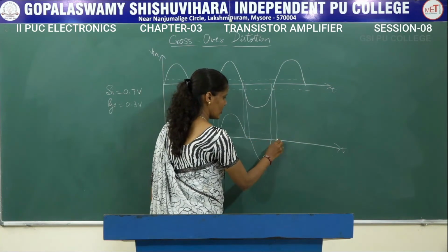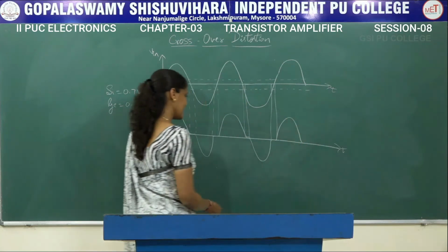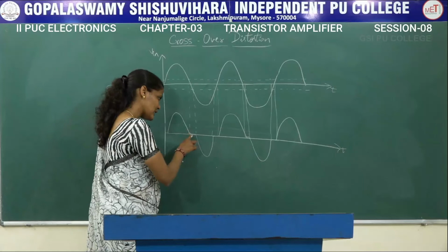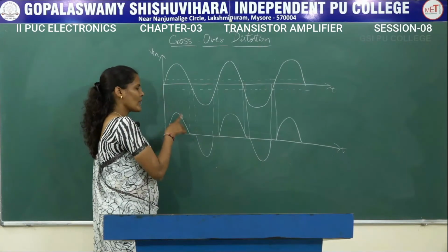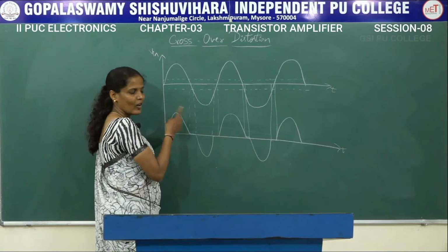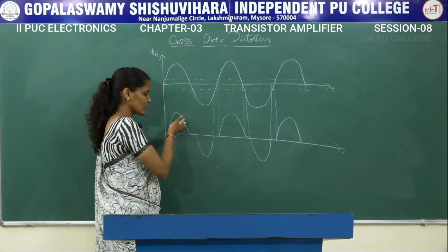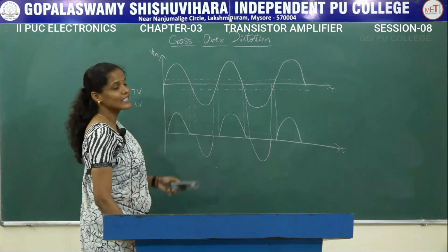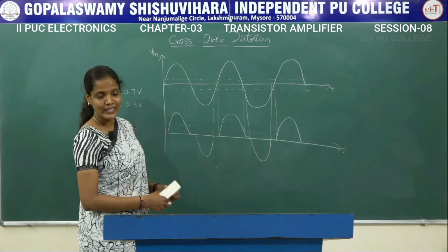The diodes or the transistor will not be conducting in those time intervals, and this distortion which appears when the signal is jumping from the positive half cycle to the negative half cycle or from the negative to positive itself is called the crossover distortion.